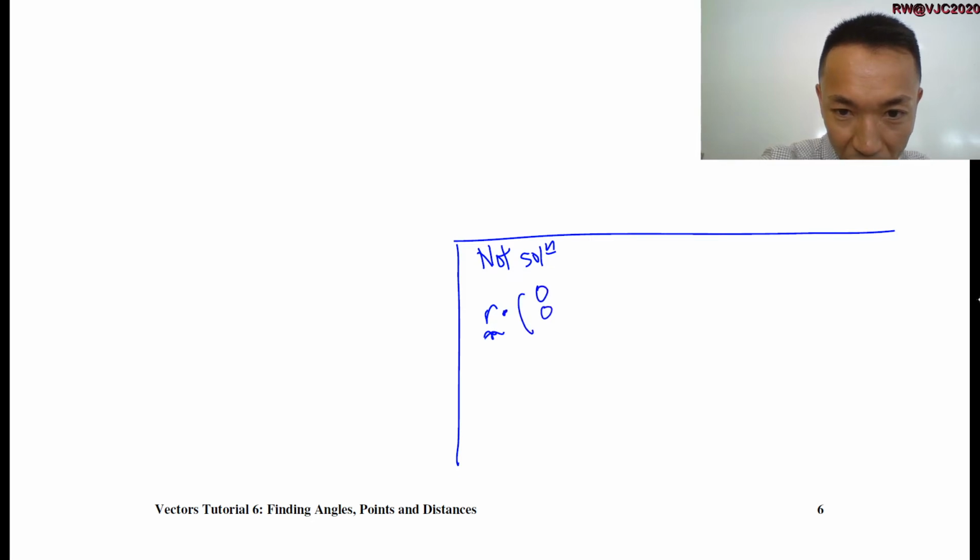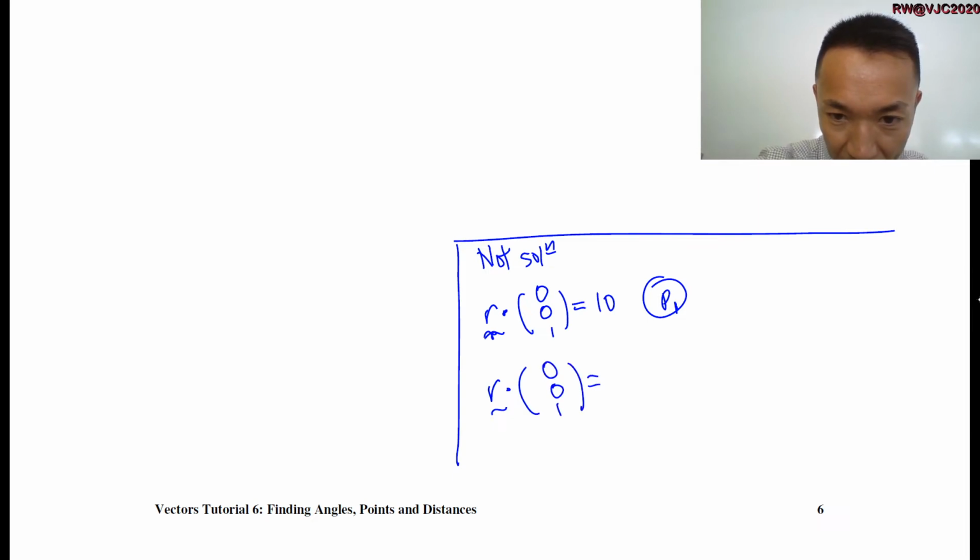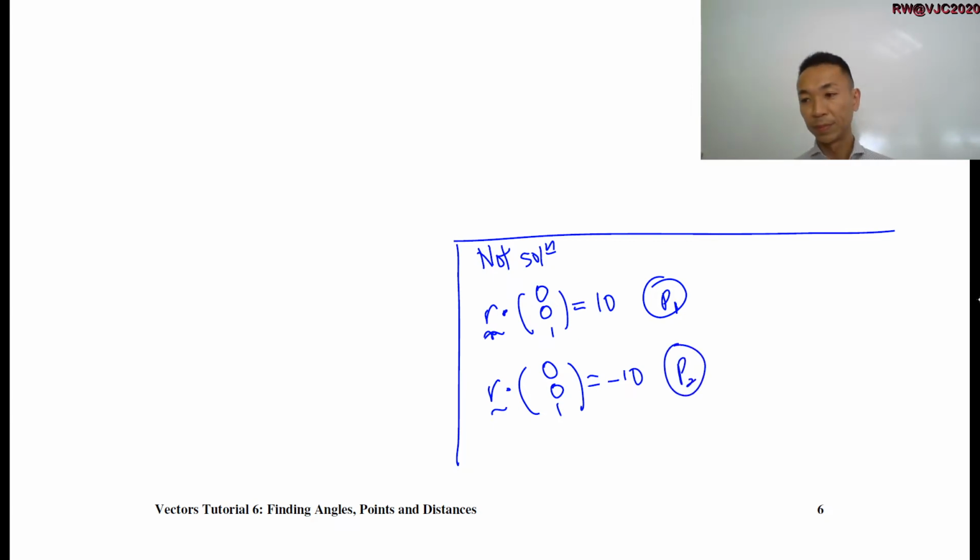I have a plane r dot (0, 0, 1) equals 10, this is P1, okay? And r dot (0, 0, 1) equals minus 10, P2. Now, this number is the same, and this is a unit vector.